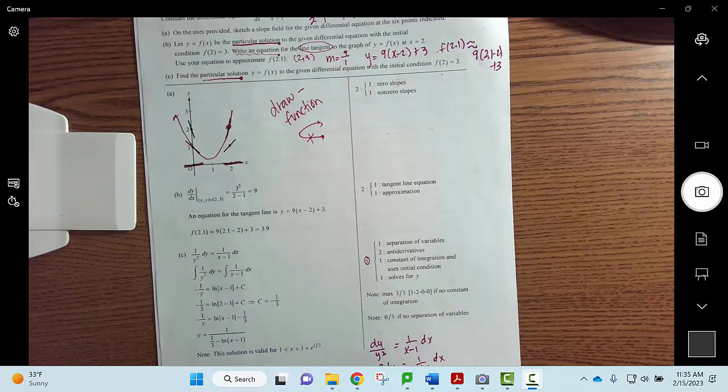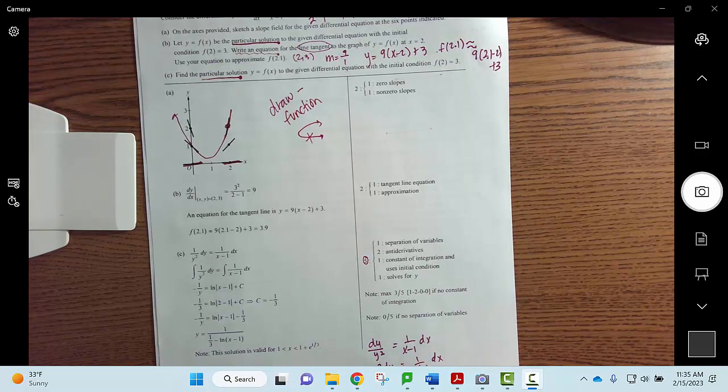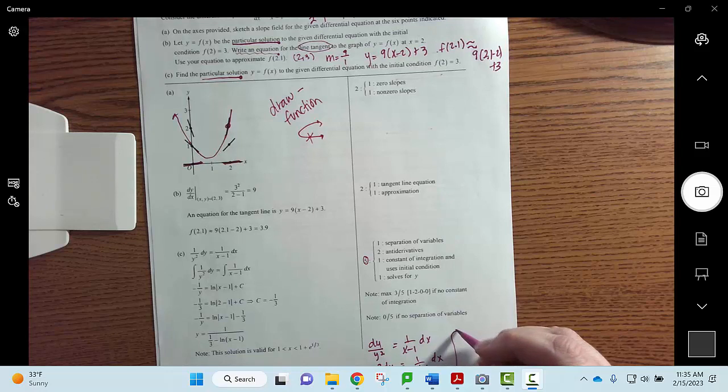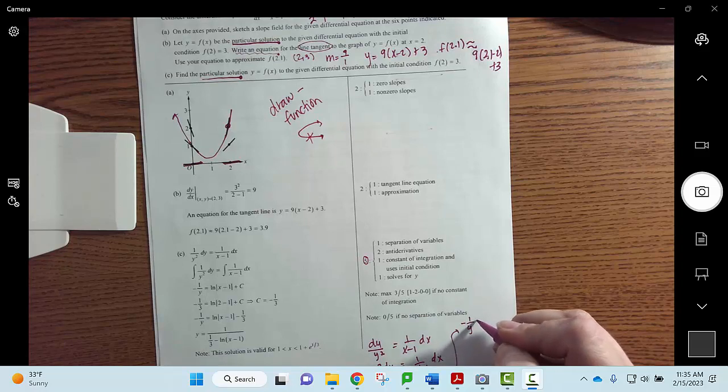So we're going to add 1 to the exponent, divide by the new exponent. This is a natural log because it's an x to the 1. Now what I tend to do on here is I use the absolute values until I know I don't need them. I'm going to rewrite this one more time because I don't really like that y to the negative 1 on the bottom. I want it on the bottom instead of the negative 1 on the top.